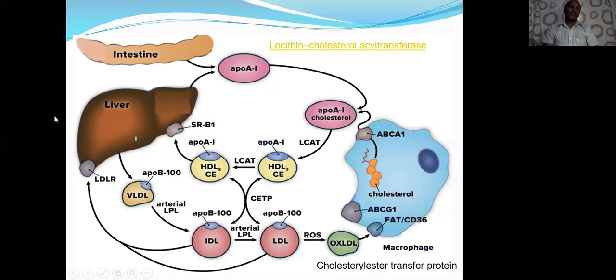Your resins form a complex with the bile salts and bile acids, and this complex is excreted, so the reabsorption of bile salts into the systemic circulation is prevented. Now in the systemic circulation, the cholesterol levels are reduced.